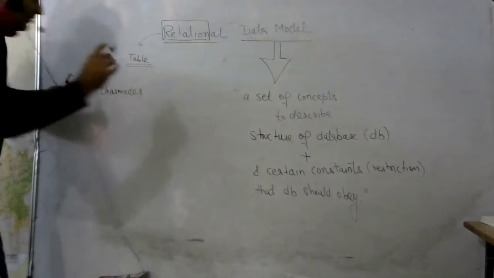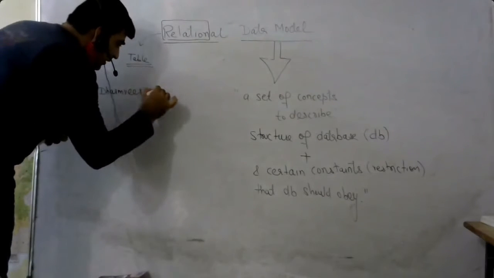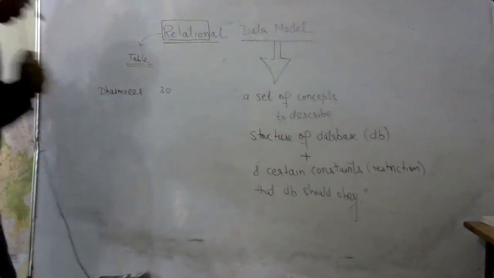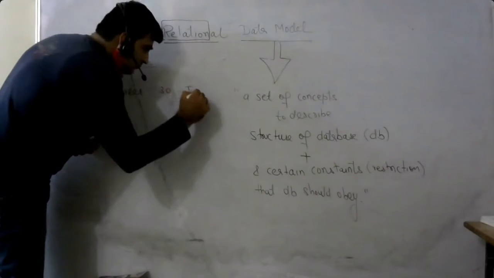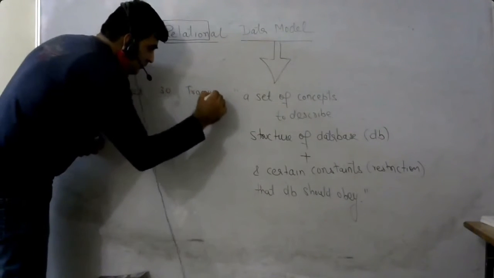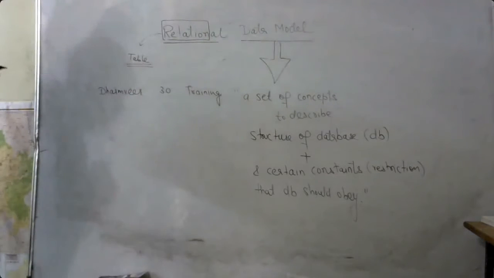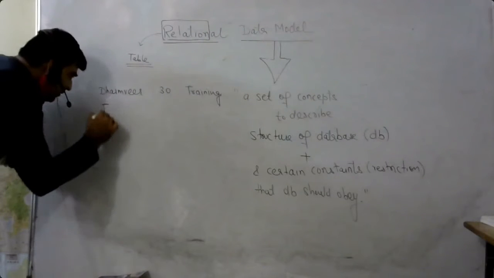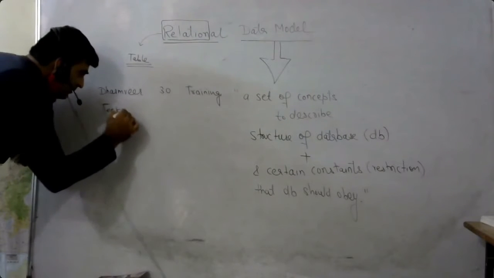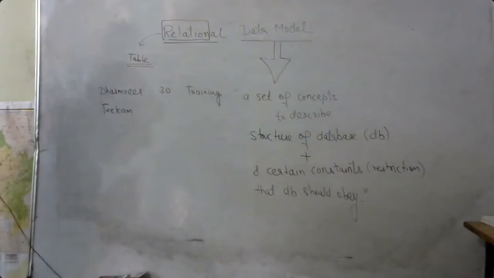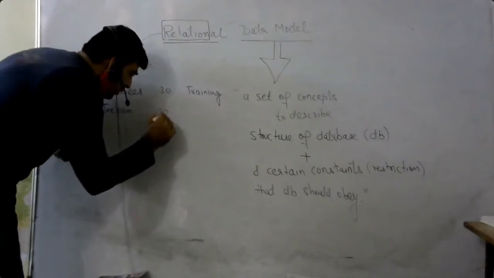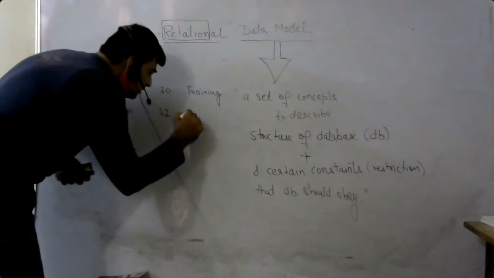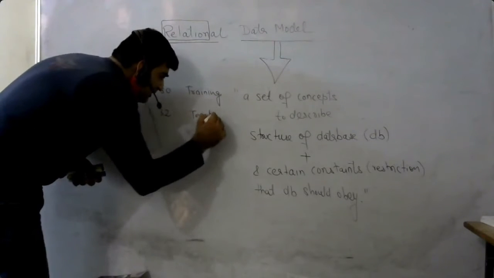If I talk about my age, let's say approximately 30. If I talk about my occupation, training. I am from the training industry. If I talk about my friend, let's take the example of Ekam. If I talk about his age, approximately 32 years old. If I talk about his occupation, teacher.